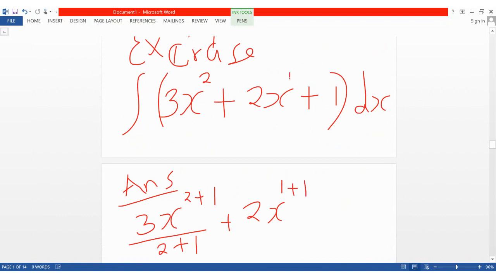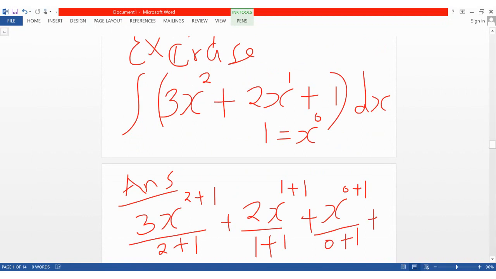We said we can integrate each and every term. So the first one is 3: I add 1 to the power, and then I divide by the new power. Then the 2x: 1 plus 1 gives power 2. Finally I have 1, which is the same as x raised to power 0, since any number raised to power 0 is 1. So x to power 0 plus 1 all over 0 plus 1 plus a constant of integration.